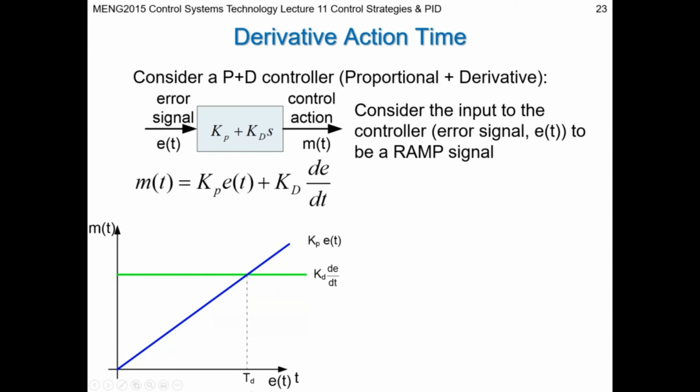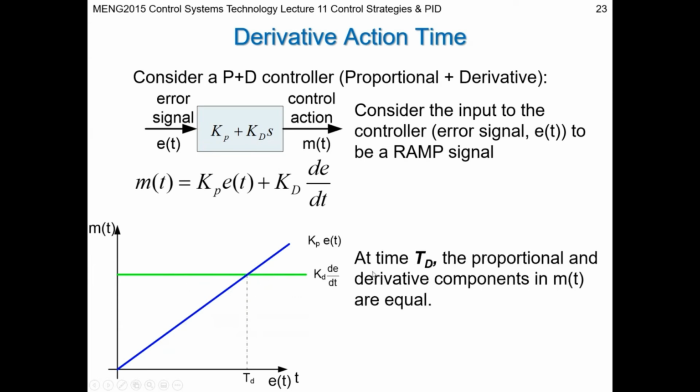And you see, again, you get a time, Td, where, in this case, your proportional action starts to exceed your derivative action. That is your derivative action time. So at time Td, the proportional and derivative components in your output, your control action M, are equal.